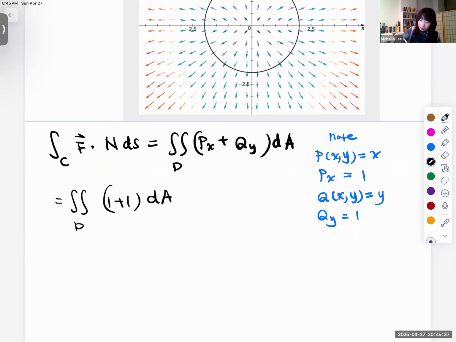Okay, then we have 2 dA, and what does dA mean? The area of the circle, right?